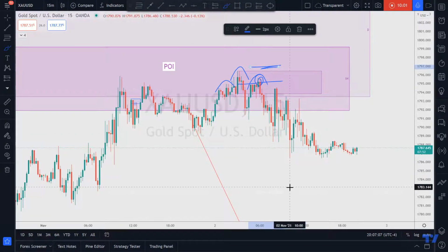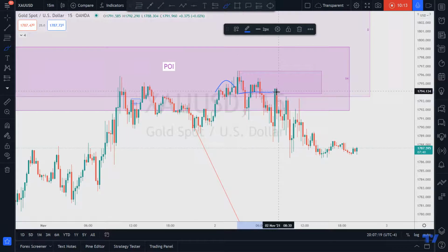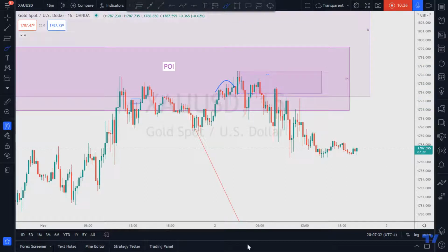That's the rule. And my entry at the halfway point. Sometimes, depending on the body, depending on how big that candle is, I'll have my entry as a pending here, and I'll put my stop loss. It depends on how the order block is actually made.